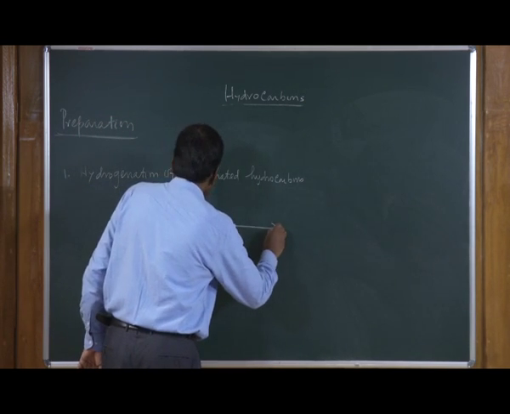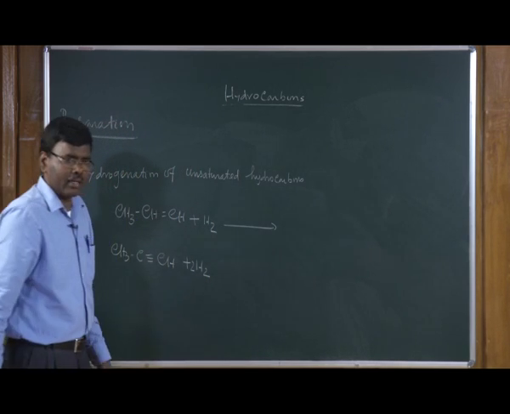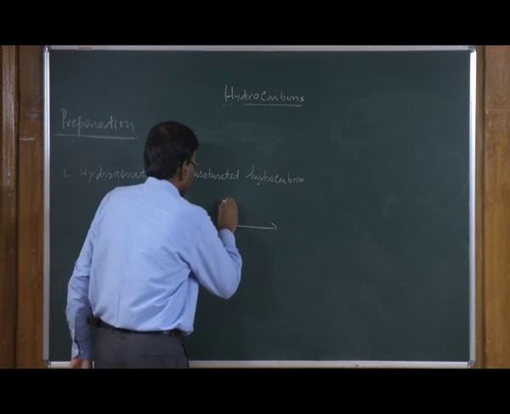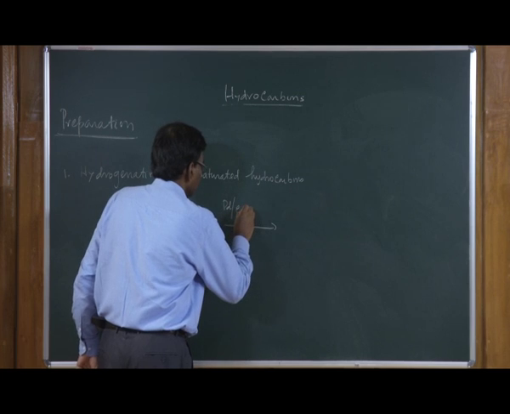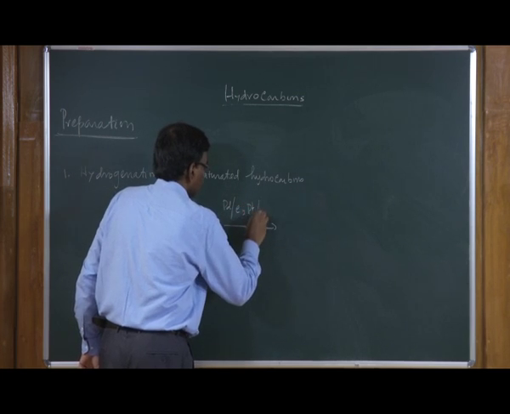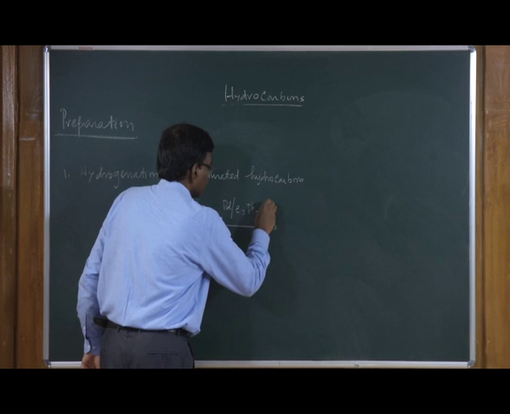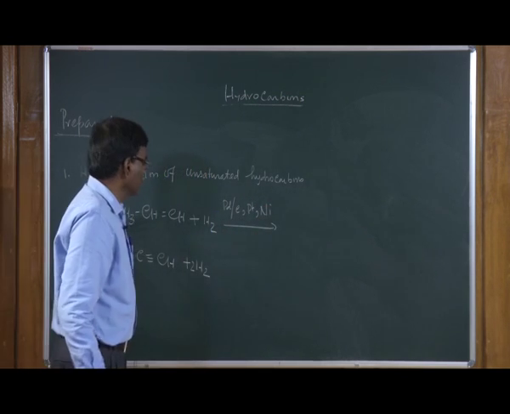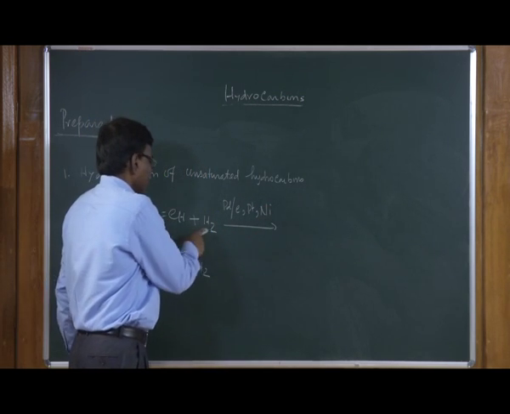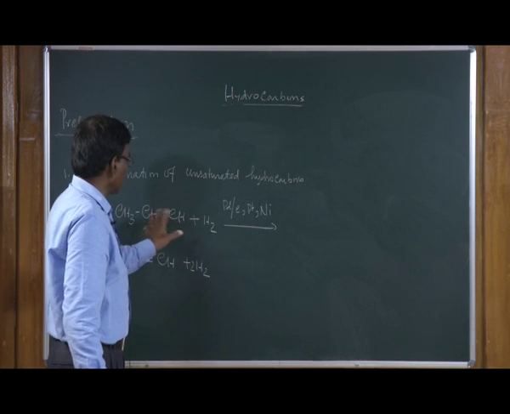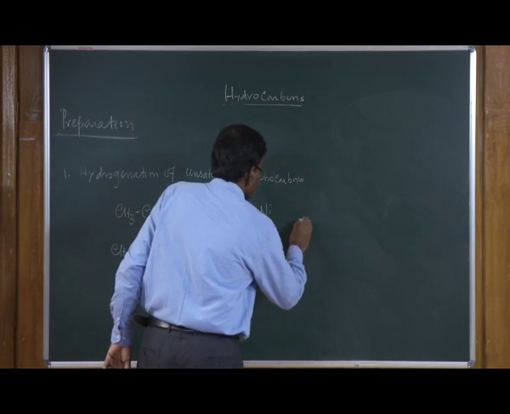When you treat this alkene with hydrogen in the presence of catalysts like palladium charcoal, platinum or nickel, the alkene reacts with hydrogen. Basically, it undergoes addition, and you get an alkane.